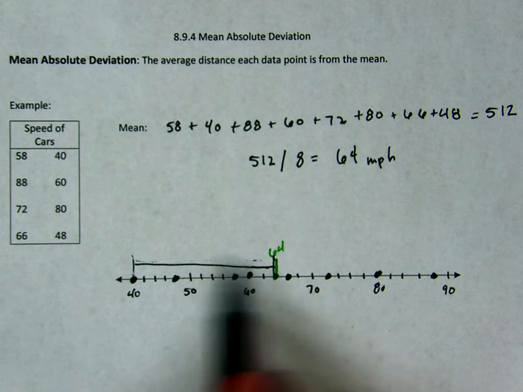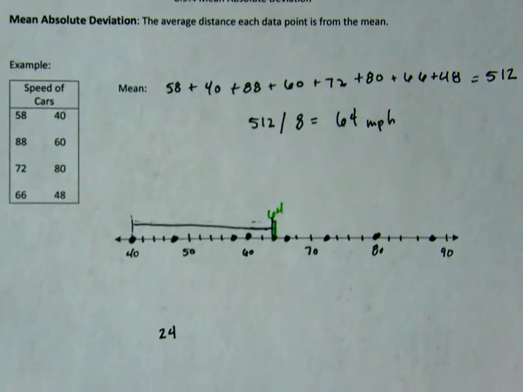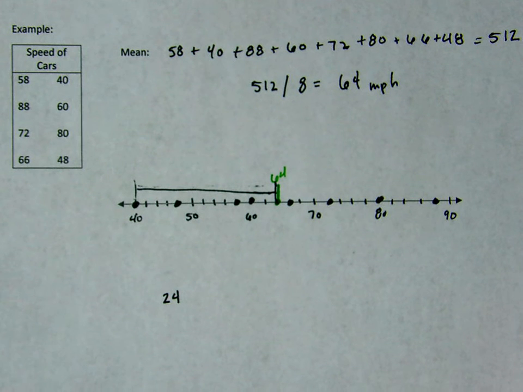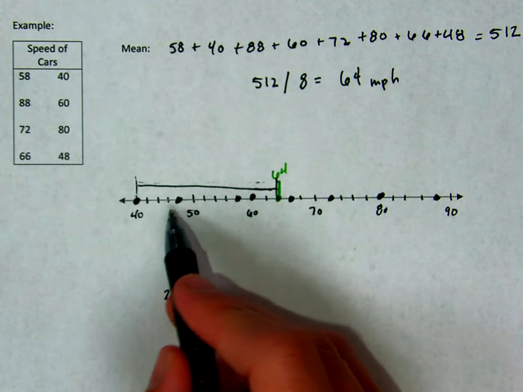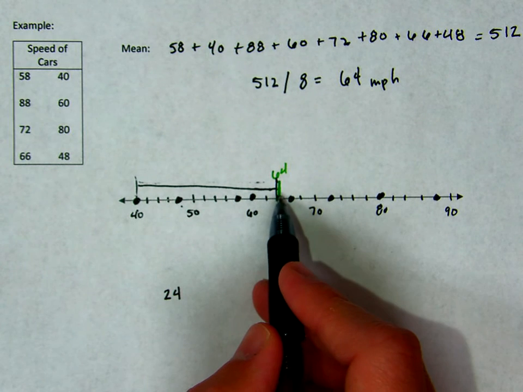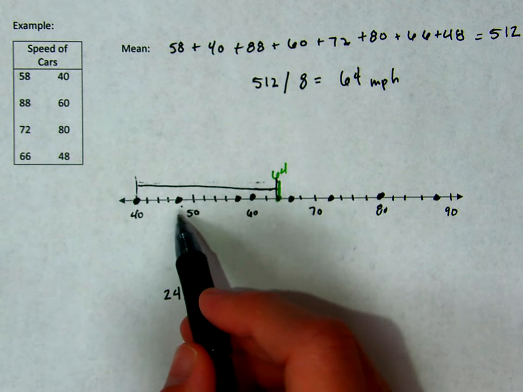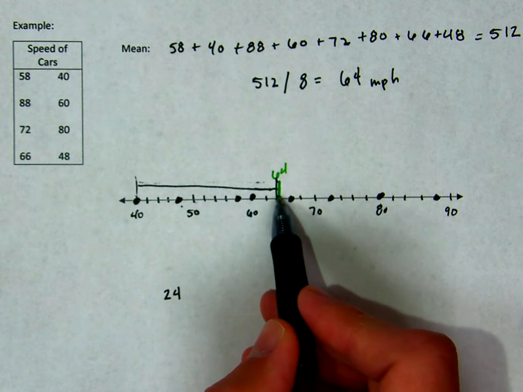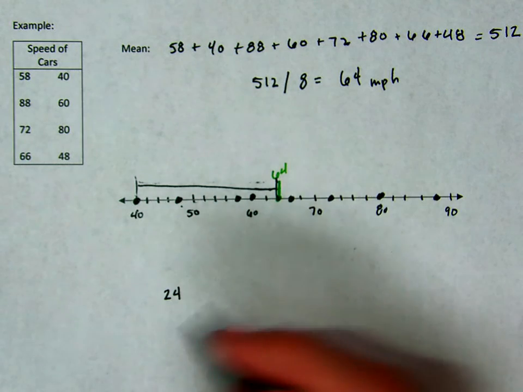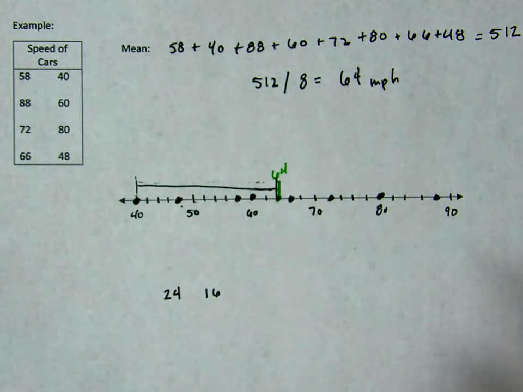Our difference from 64 to 40 is 24. Now our next one, 48 to 64. If you can't do it in your head, count 2, 4, 6, 8, 10, 12, 14, 16, or just subtract. So 16. And I'm just going to write these in a line right now.